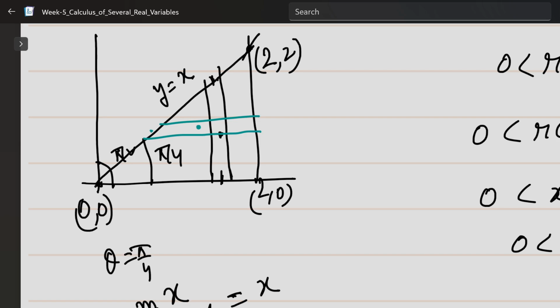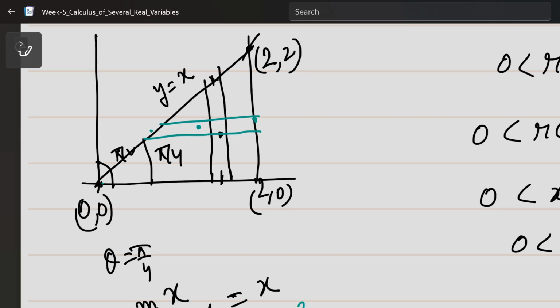For a fixed y, x is varying from this point to this point, left to right always. So x is varying from y to 2, and y is varying from here to here, 0 to 2. So this is also an option: y square into x square plus y square dx dy. So both are options.